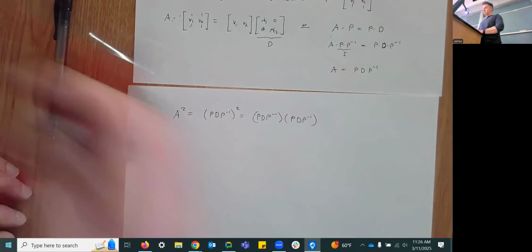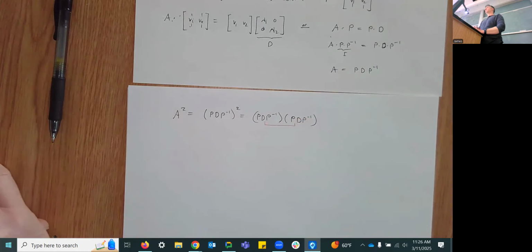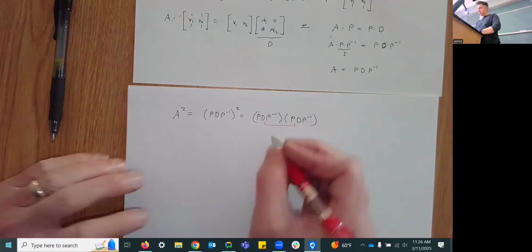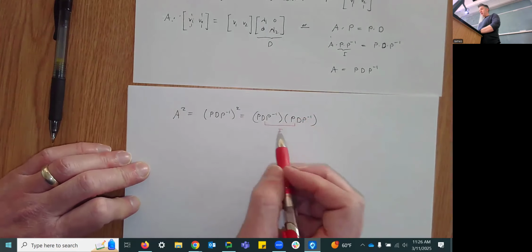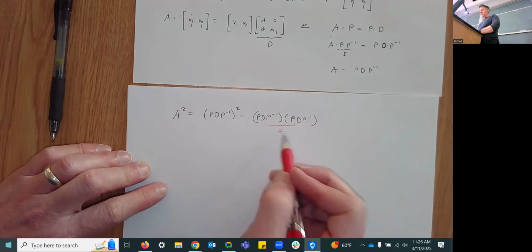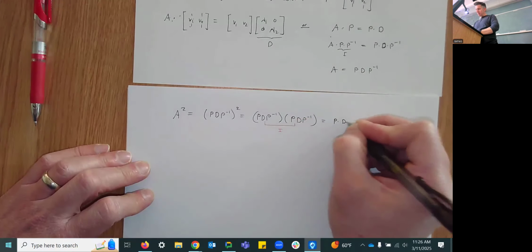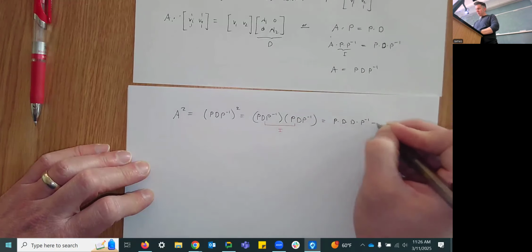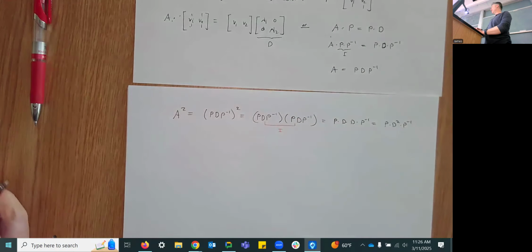Let's look at the middle parts. What's P inverse times P? What's any inverse matrix multiplied by itself? Right, the identity. And any matrix times the identity is just itself. So you really have D times the identity, which is just D. So what you're really getting here is P times D times D times P inverse, which is just P times D squared times P inverse. But D squared is easy.